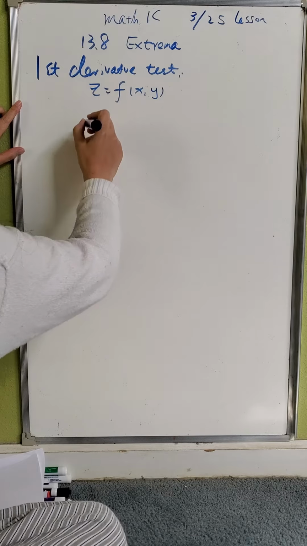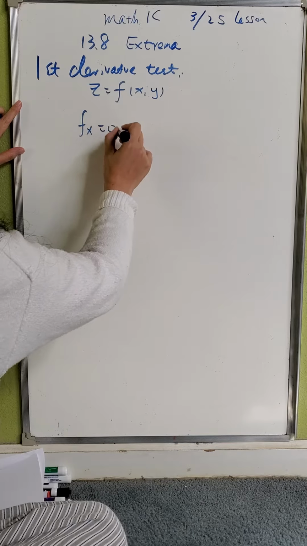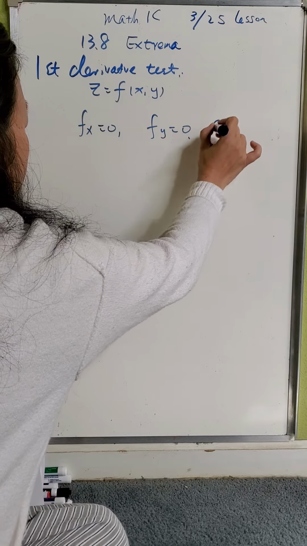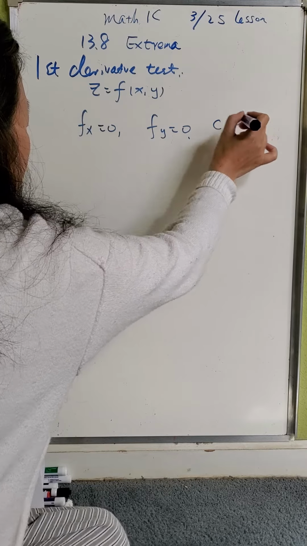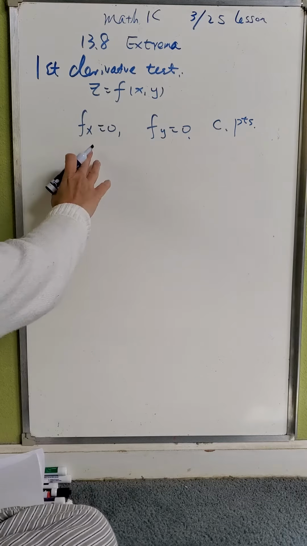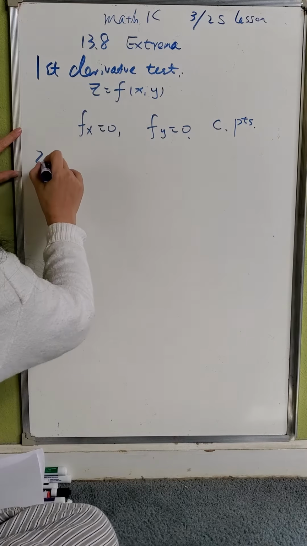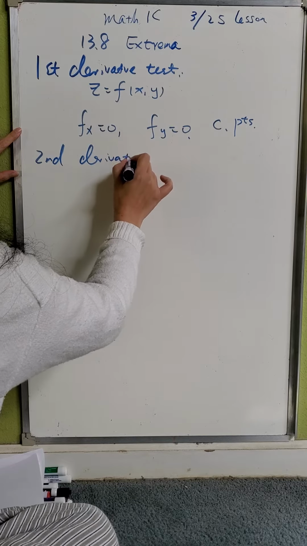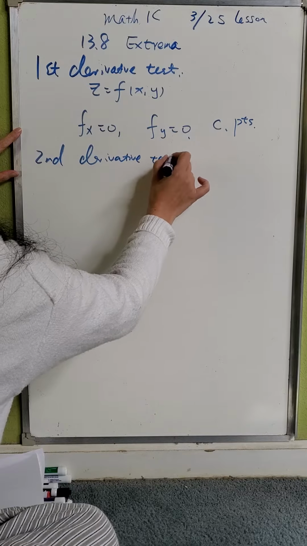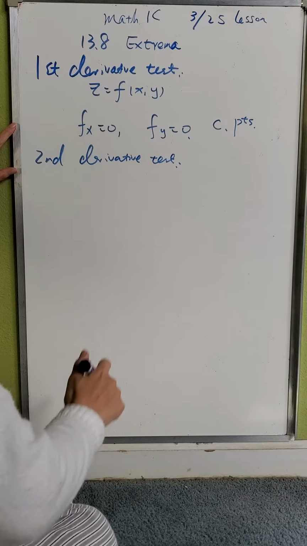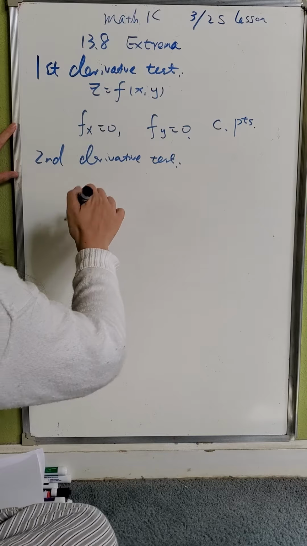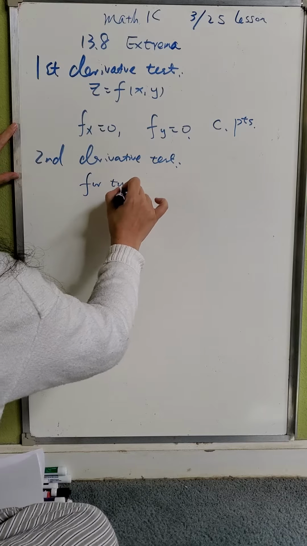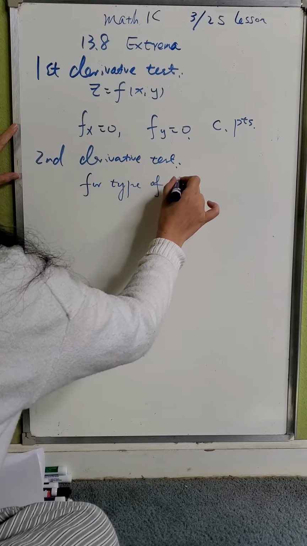The first derivative test is fx equals 0, fy equals 0, to find critical points. So with the first derivative test, we are looking for critical points. With the second derivative test, we are looking for what type of critical point we have. The second derivative test is for types of critical points.